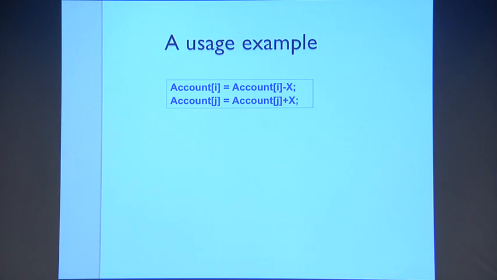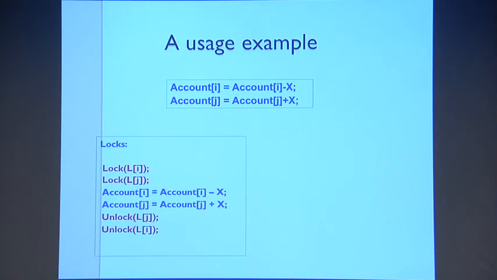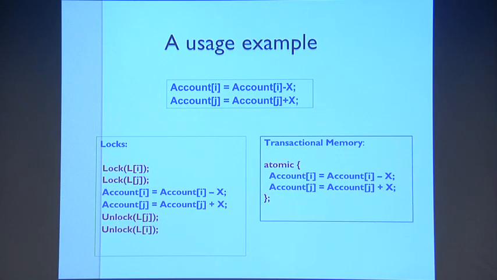Let's look at still the same example. So we want to transfer from account I to account J. So if we use fine-grained locking, it will probably look something like that. We'll acquire lock Li, then we'll acquire lock Lj, do our operations, and then release them. In transactional memory, the idea is to do something like that. Just take your operations, as you did them before, and just surround them by an atomic block.